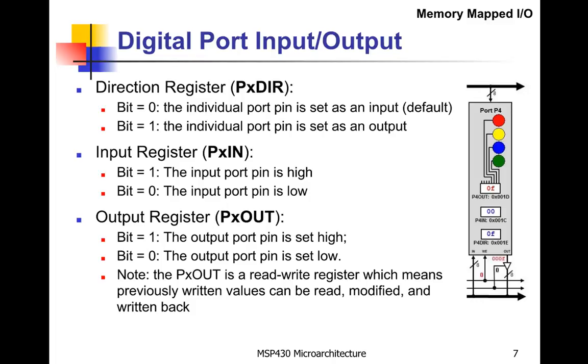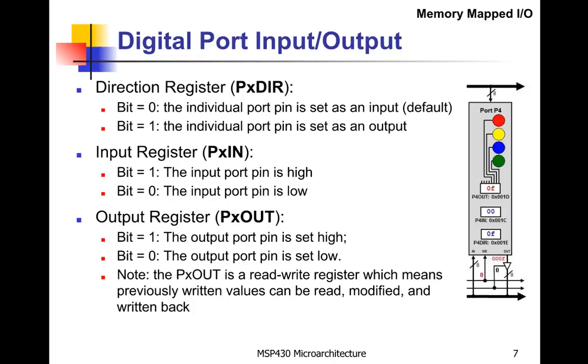So the first thing you have to do is set the data direction register. And then if you're reading it, you can read the input, port whatever in. And of course, the bit is a 0 if the input port is low, and a 1 if the input port is high. And then if you want to use the port as an output, maybe it's connected to an LED, you can actually write a 1 to a port pin, and that will make the LED turn on, or put a 0 and it'll make it turn off, assuming the LED is hooked to ground with probably a current limiting resistor.